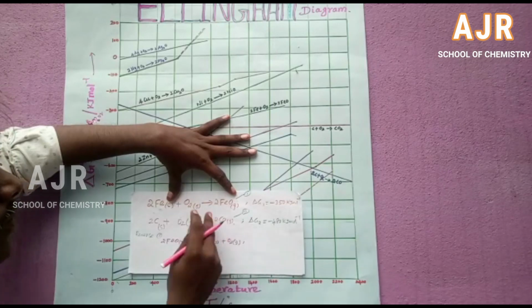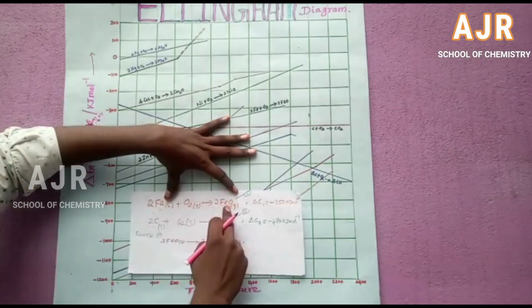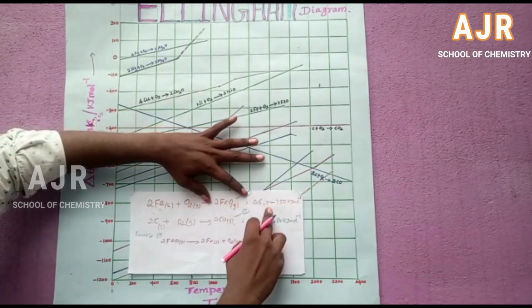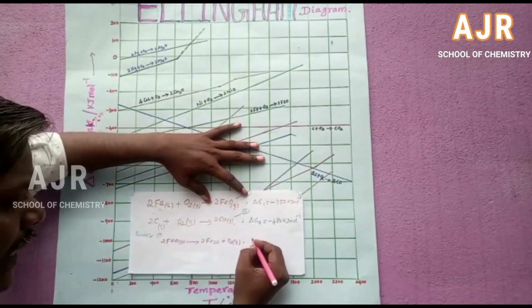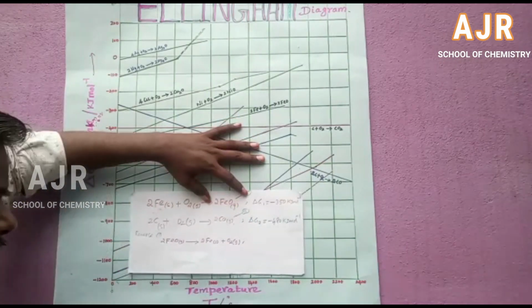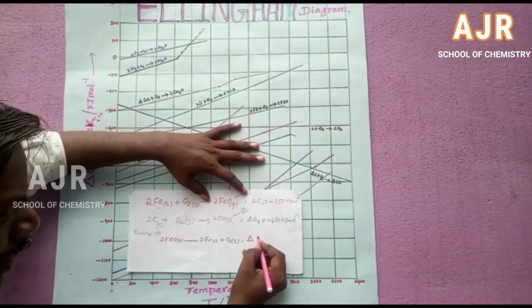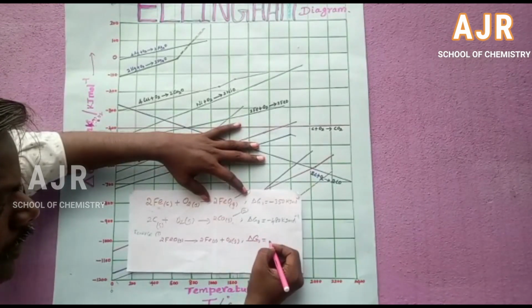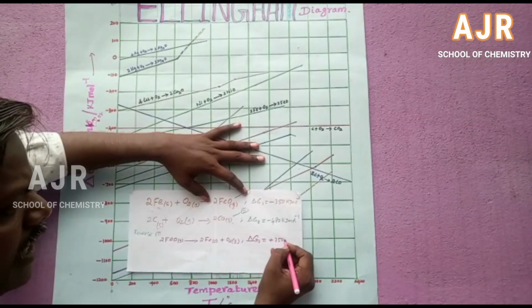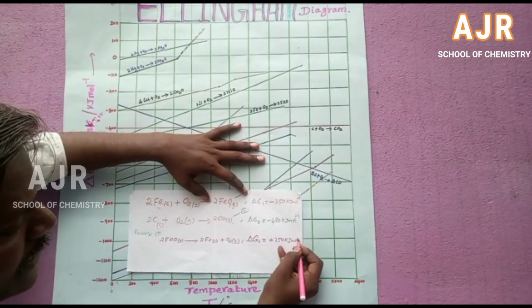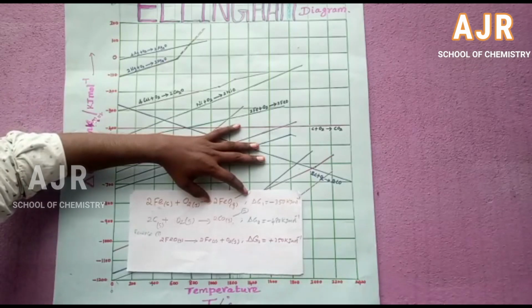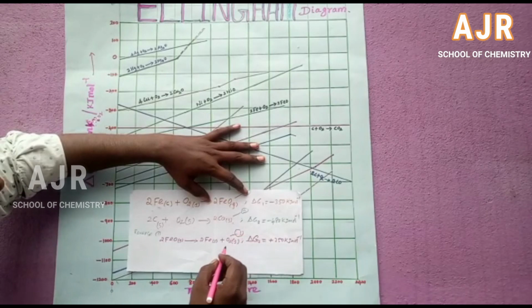And if you are reversing this equation, the delta G value also will be reversed, right? And hence you will get the delta G value as plus 350 kilojoule per mole.